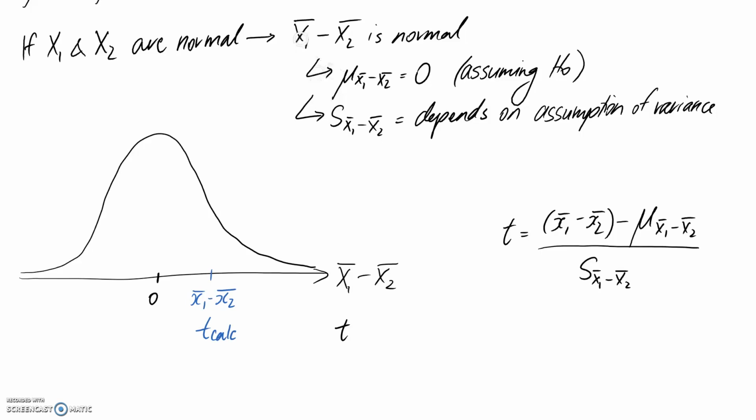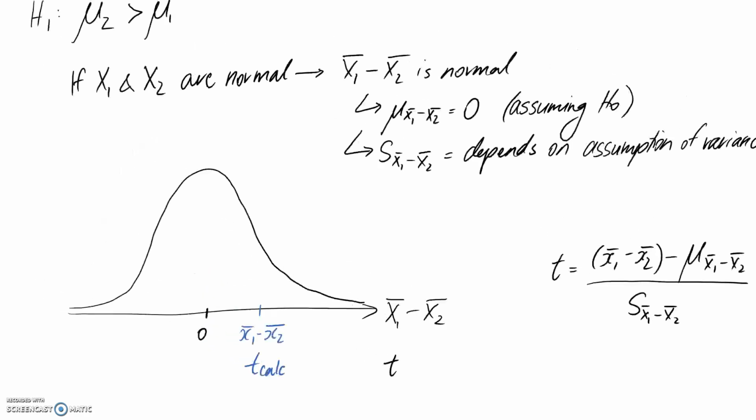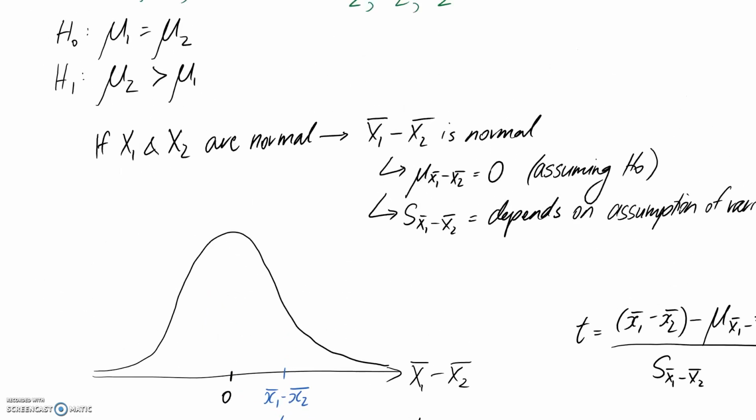The mean of the difference in means of our samples, mu of x1 bar minus x2 bar, is going to be equal to 0 if we assume the null hypothesis is true, which is what we do initially. That's because we could rearrange the null hypothesis to say mu1 minus mu2 is equal to 0.